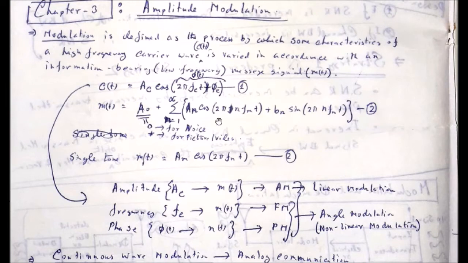Here A0 is the DC term. These are the cosinusoidal terms and these are the sinusoidal terms, and they have different frequencies.